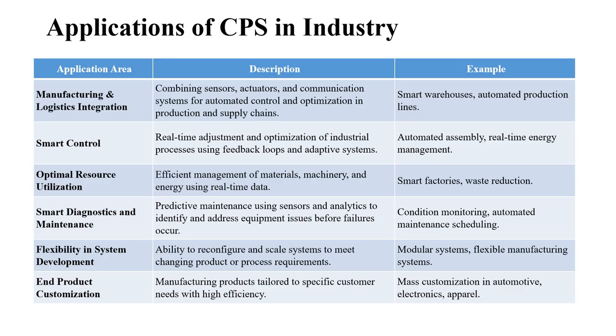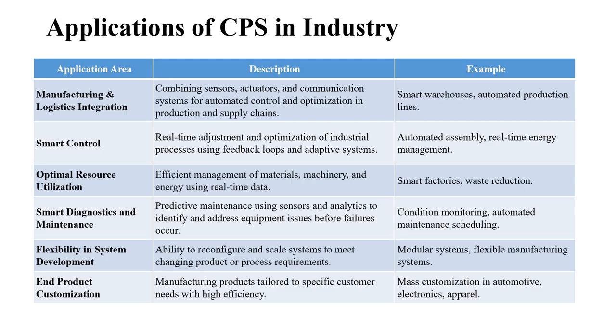Then you have end product customization. So here, this is one of the most important benefits of the CPS in the industries, that is the ability to customize the products based on the customer needs. Okay, and here the flexible manufacturing systems and the real-time data analytics. These CPS can produce highly personalized goods at a larger scale by using this end product customization.